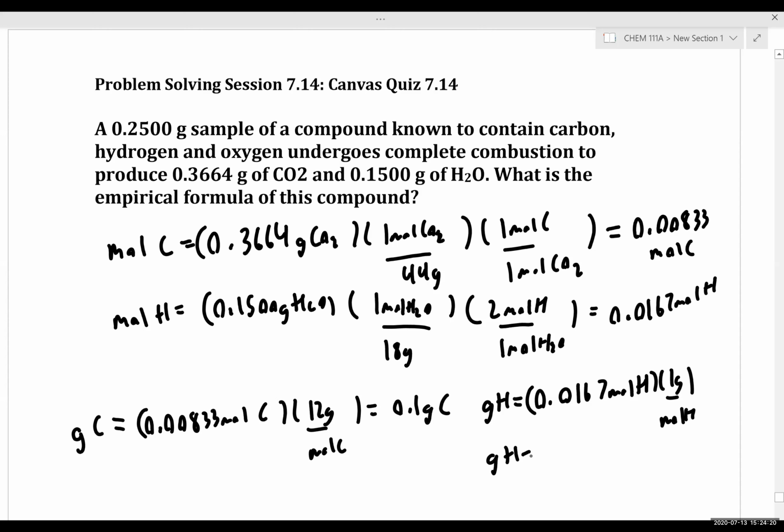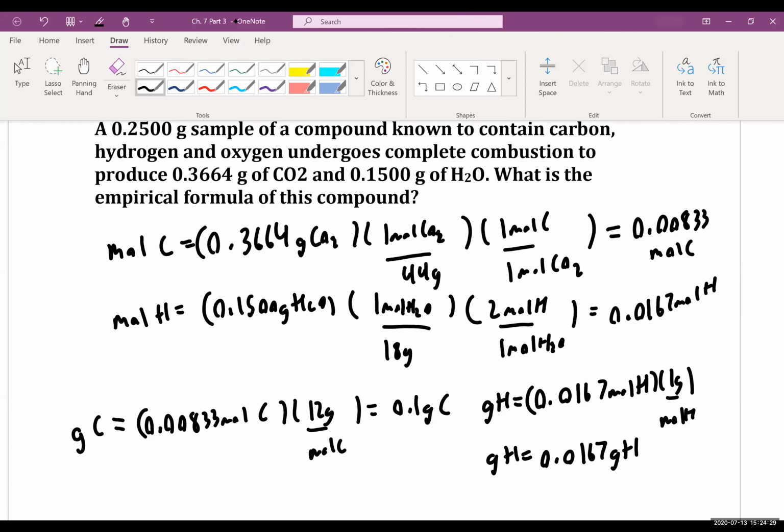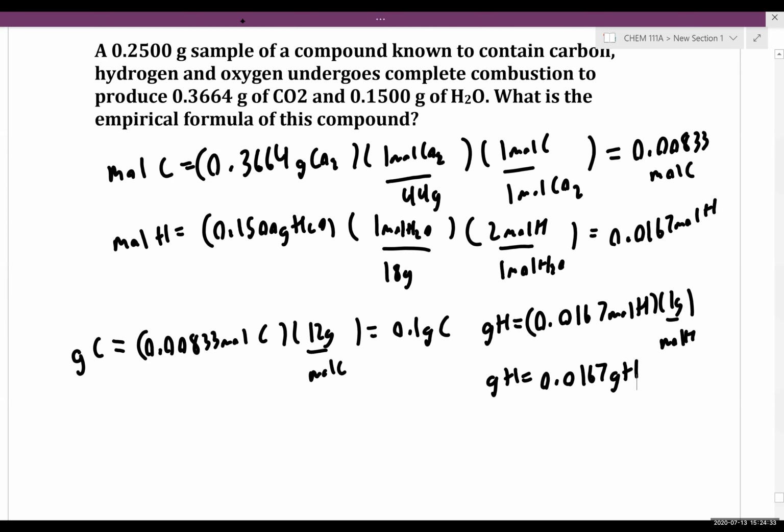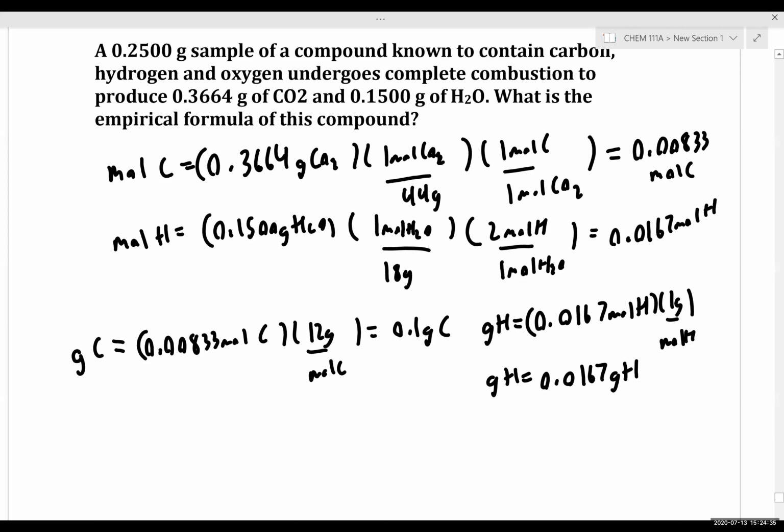Perfect. So for our grams of hydrogen, we have 0.0167 grams of hydrogen. Okay, perfect. Now, obviously, both of these masses don't add up to 0.250. So let's calculate the grams of oxygen now.